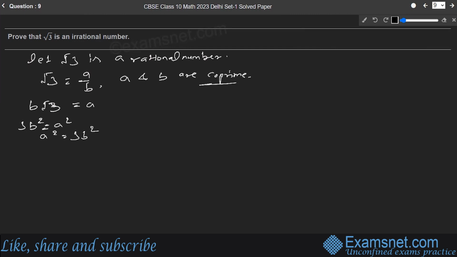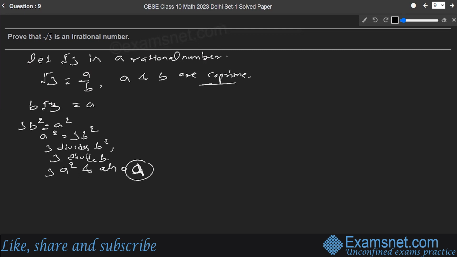So we can say 3 divides b square, so 3 will divide b as well. And if 3 divides b, that is, 3 divides the right hand side, so 3 will also divide the left hand side, that is, 3 will divide a square and also a.